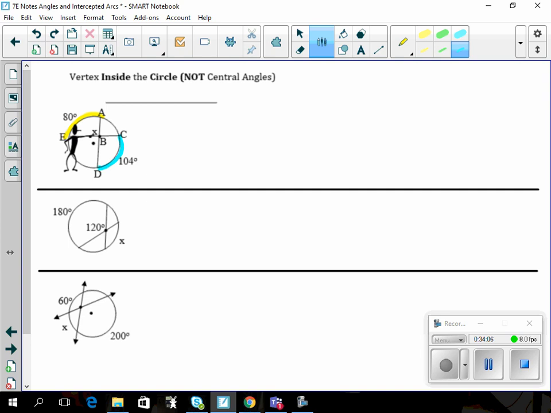So just follow my lead here for just a minute. I'll show you what I'm talking about. So highlight those two on your paper. Let's highlight these two on the second example. And then let's highlight these on my last example.